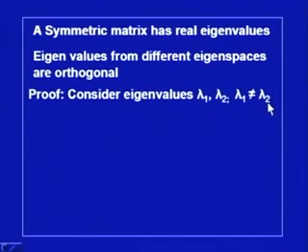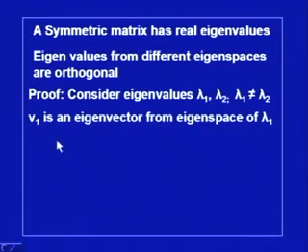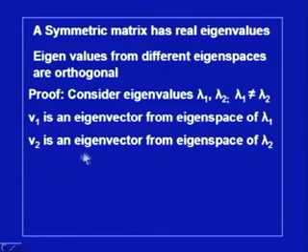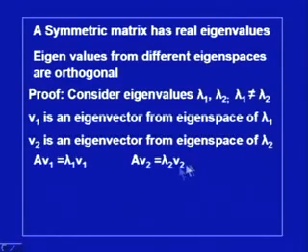They are not equal, that is lambda 1 is not equal to lambda 2, and let us assume that V1 is an eigenvector corresponding to lambda 1 and V2 is an eigenvector corresponding to lambda 2. That means A times V1 is equal to lambda 1 V1, and A V2 is equal to lambda 2 V2.